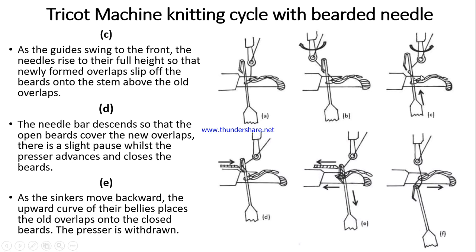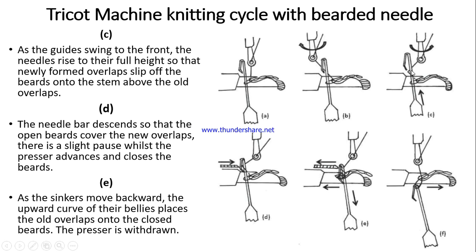Now in step C, in this case, the guides swing to the front. Now the guide is swinging to the front side of the machine. The needles rise to their full length so that the newly formed overlap slips off the beard into the stem above the old overlap. Now this bearded needle achieves the highest height.